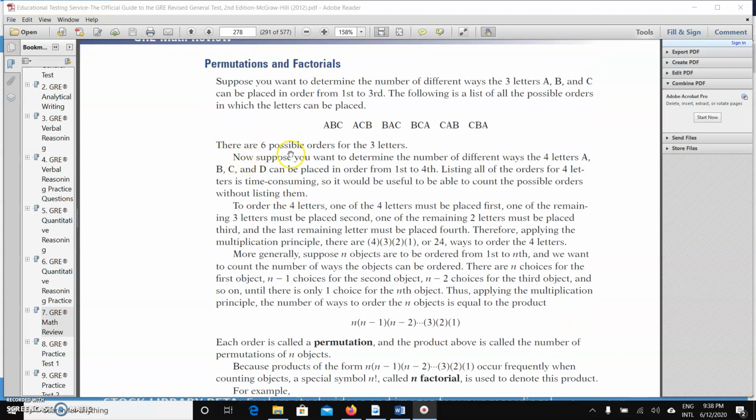Now, there are 6 possible orders for the 3 letters. It can be arranged in 6 different ways. So now suppose we want to determine the number of different ways of arranging 4 letters A, B, C, D from 1 to 4. We are going to follow the same approach too.